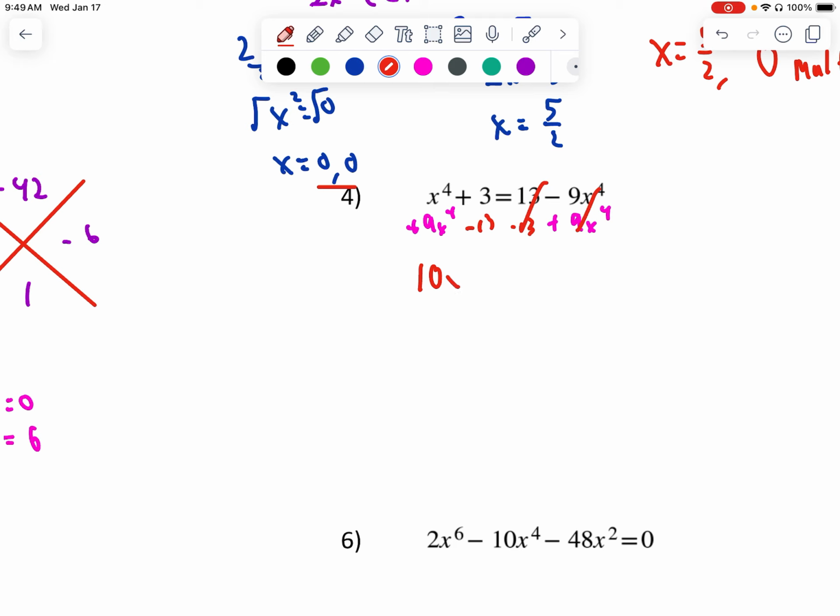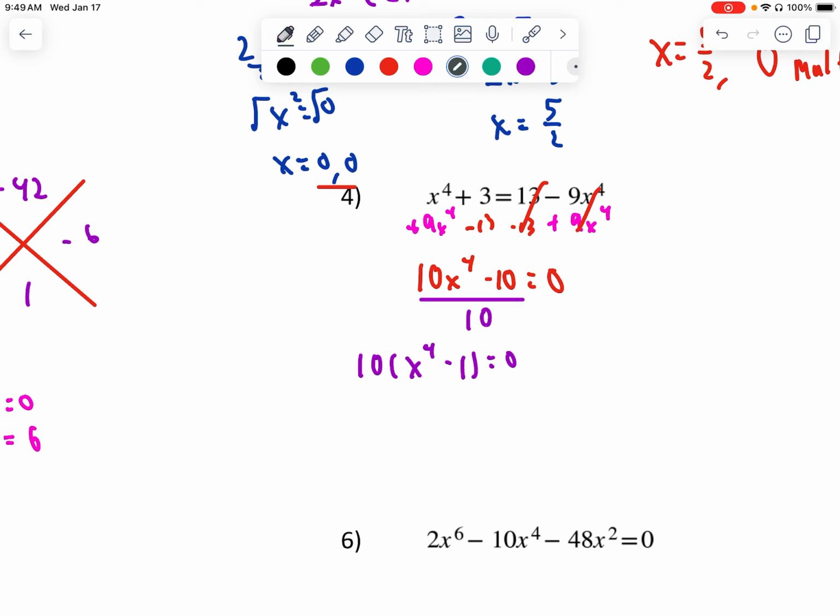This leaves me with 10x to the power of 4 minus 10 equal to 0. And here we got a little bit of work to do because the first thing I see right off the bat is we have a greatest common factor. Anytime we see that, I want to get rid of it. So I want to factor out that GCF to give me 10 times x to the power of 4 minus 1 equals 0.